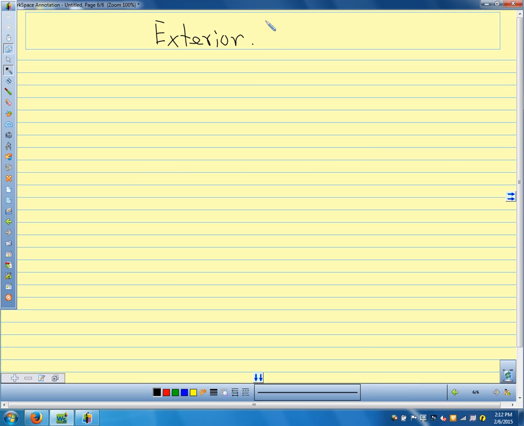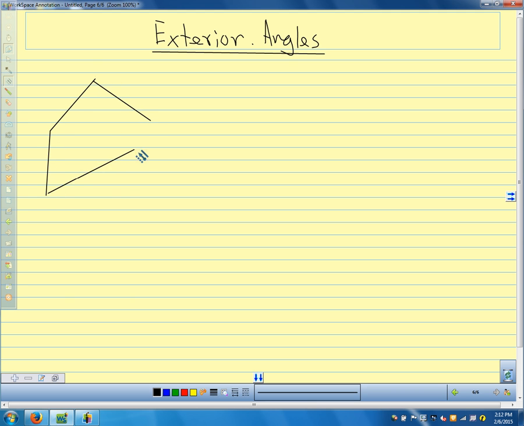All right, exterior angles. We've talked about exterior angles of triangles. Let's draw what we're talking about with a polygon. So I'm just going to draw some polygon here. To get the exterior angles, we just extend the side out one direction there.